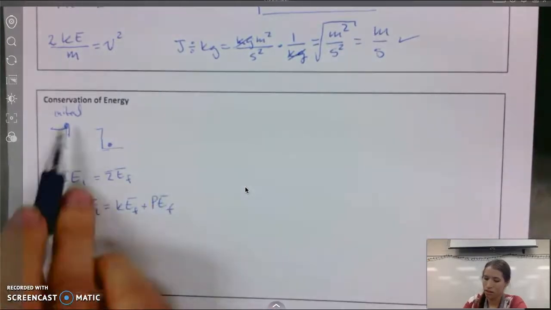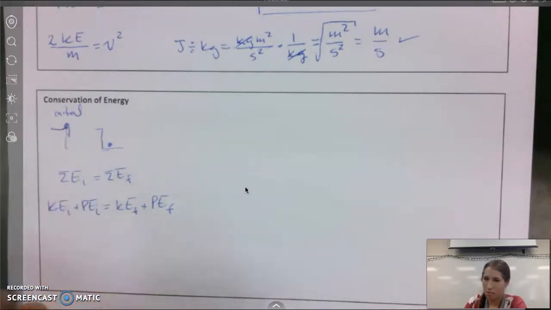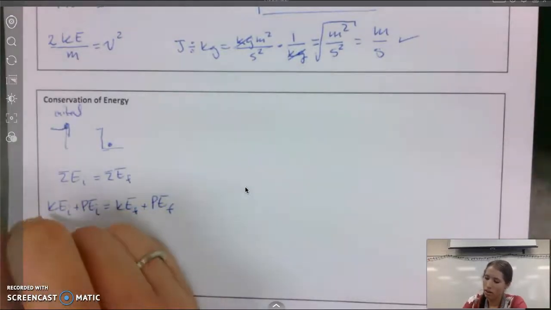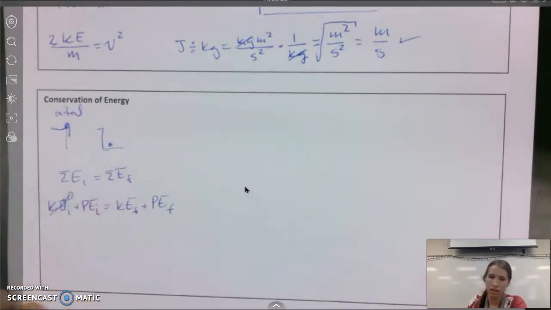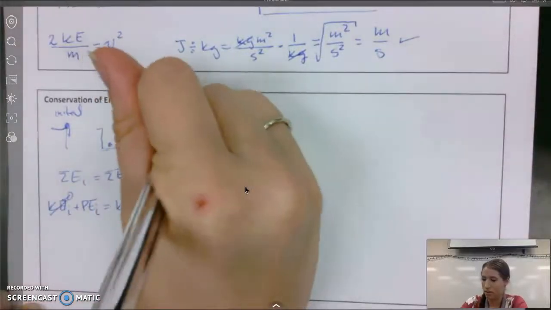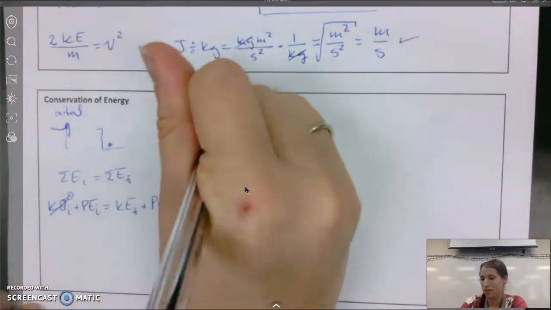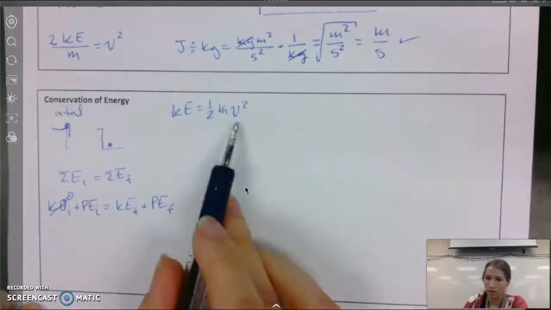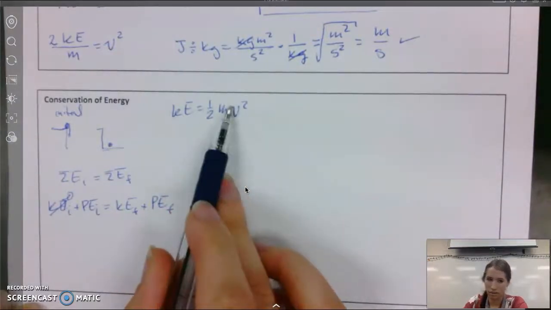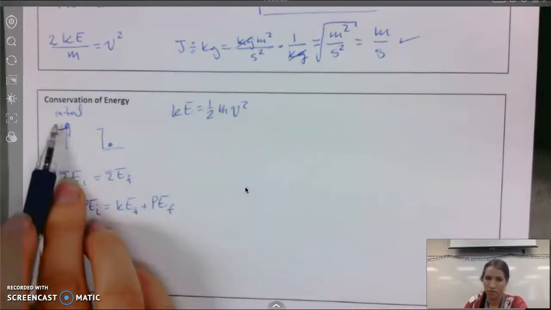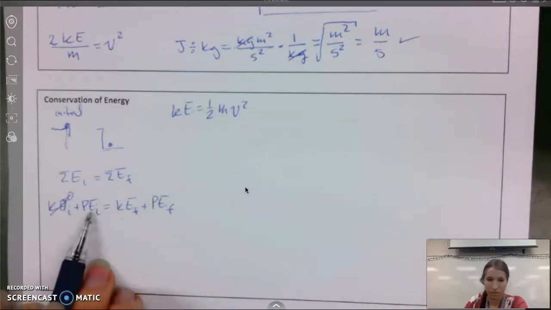Initially, we don't have any velocity. It's that moment right before it falls. If we don't have velocity, then we don't have kinetic energy, because kinetic energy is 1/2 mass velocity squared, and anything multiplied by 0 is 0. We do have some height above the ground, so we do have potential energy.